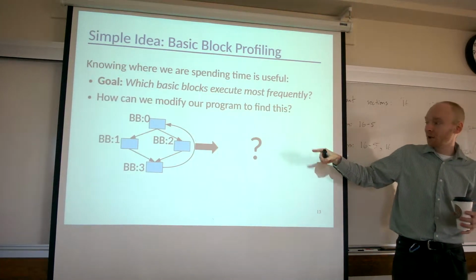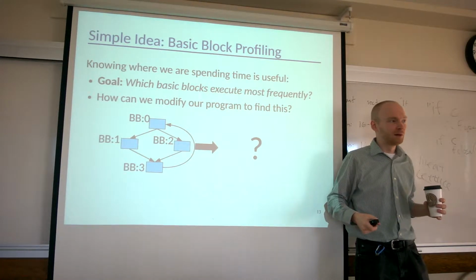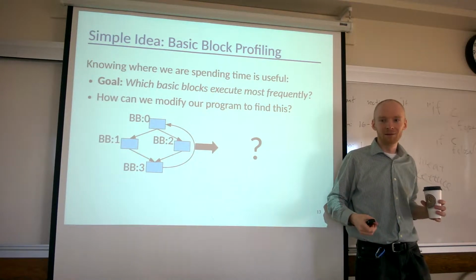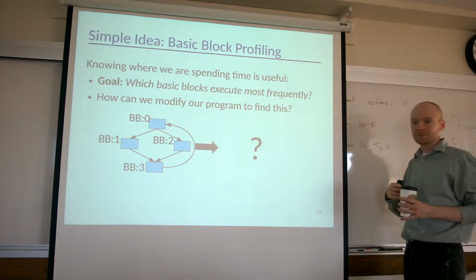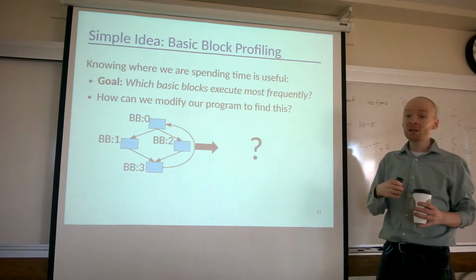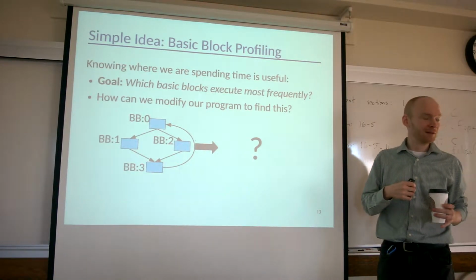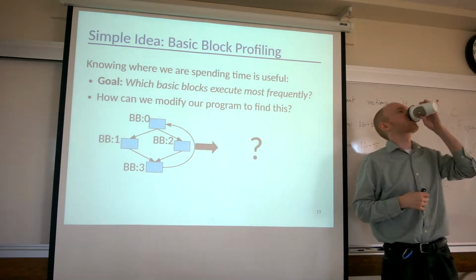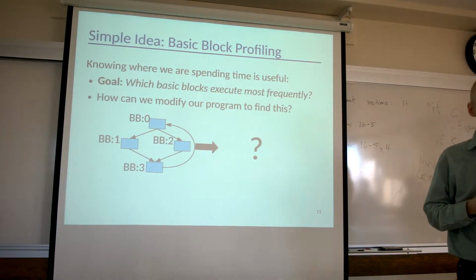So how can we modify our program to do that? Put a counter at the beginning of every function. Execute the program. Check the statistics. You can take an approach where you look at each function and then go into that function and put counters in all the smaller functions.